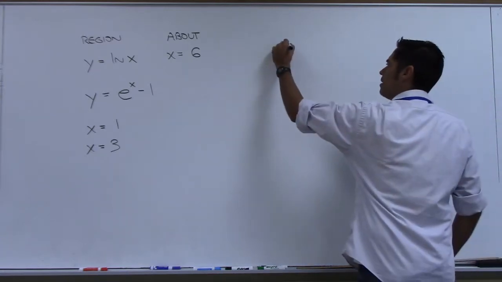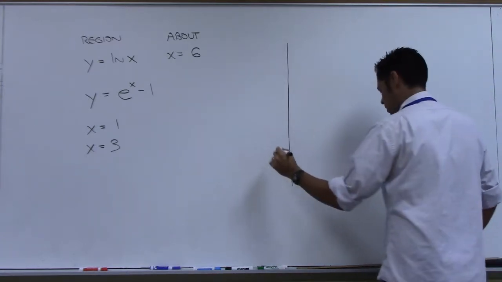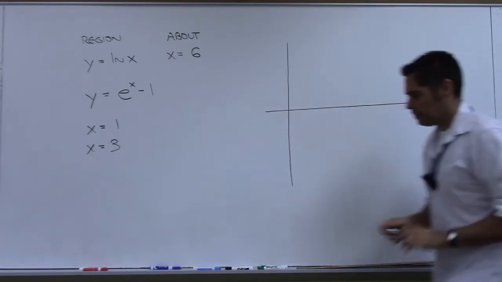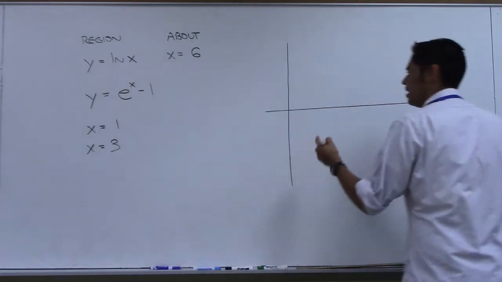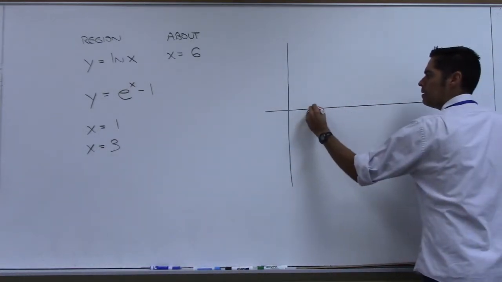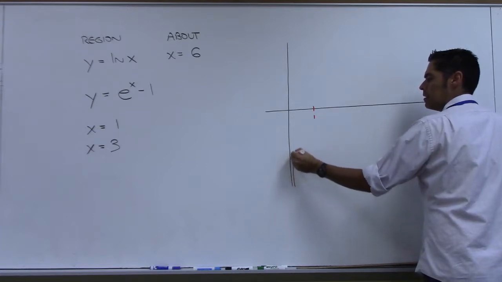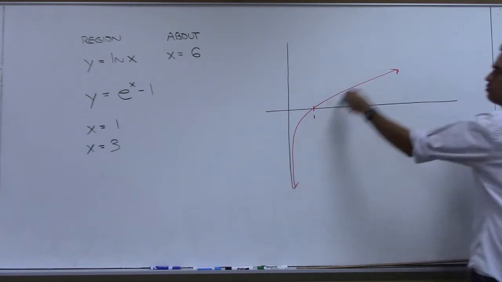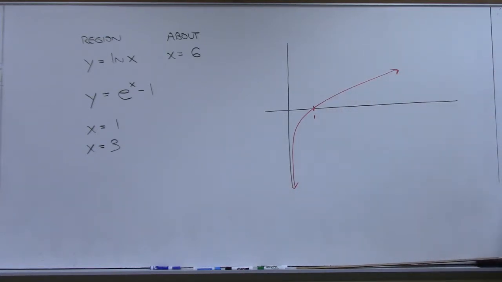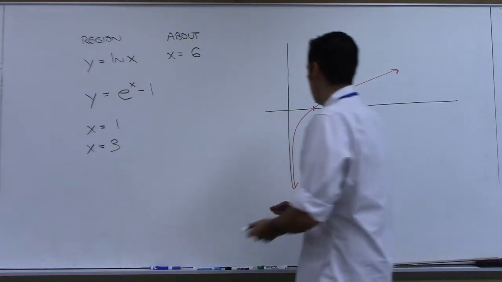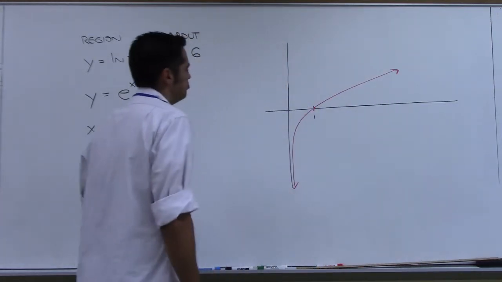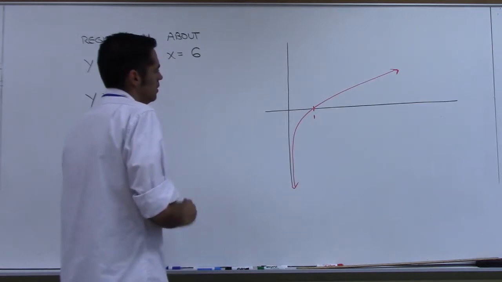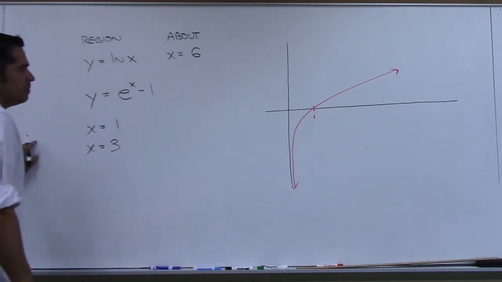So let's look at the picture first. Do we all know what natural log of x looks like? Of course, right? Where does it hit the x-axis? At 1. And it goes like this, right? It doesn't grow quite that fast, but is that okay for this purpose? You know what? Might have to bring the e to the x down a little bit.